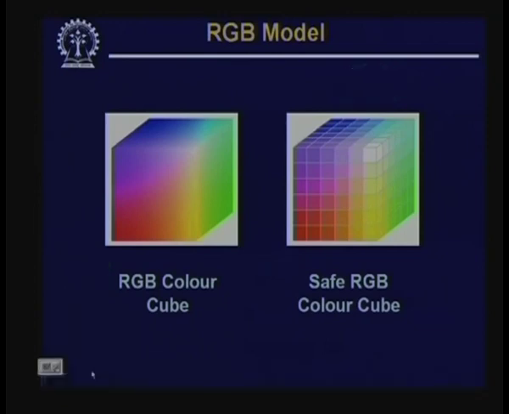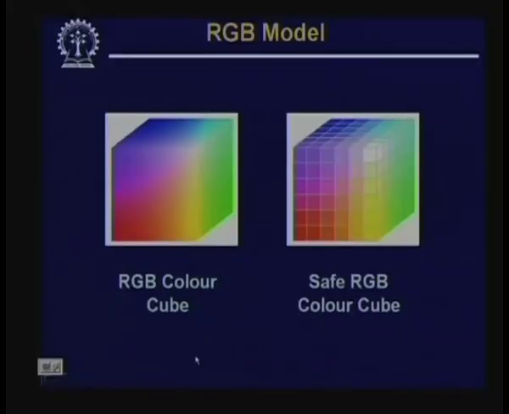So, it is quite obvious from this discussion that any color image will have 3 different color components, one color component for red, one for green and one for blue.